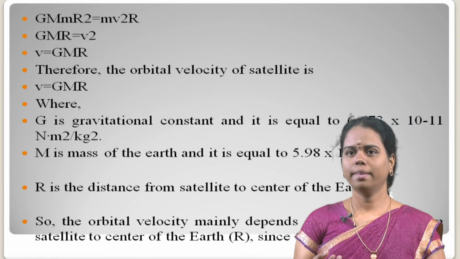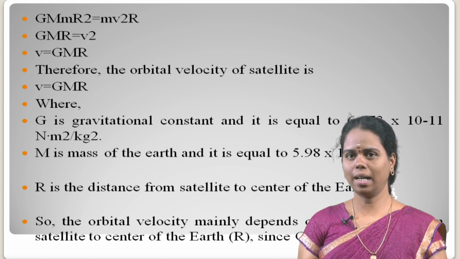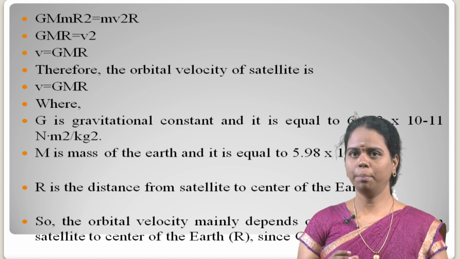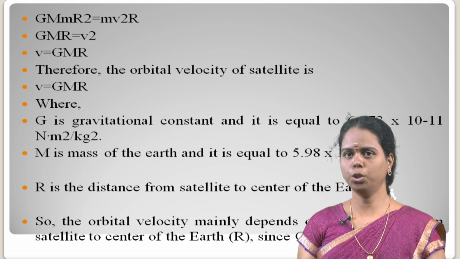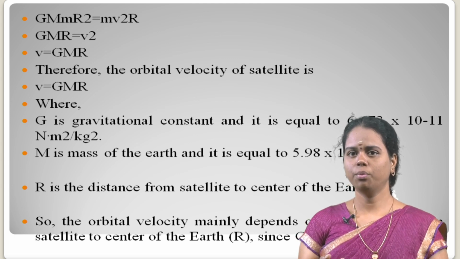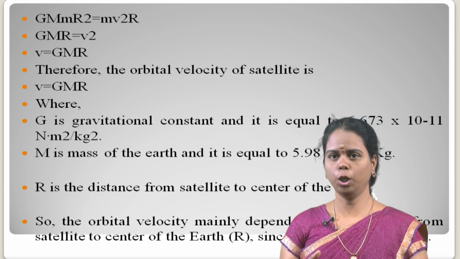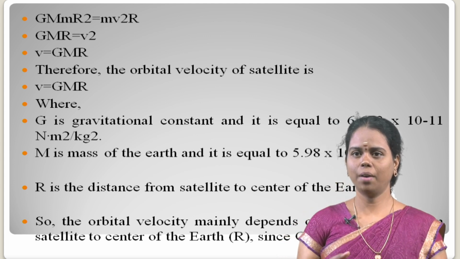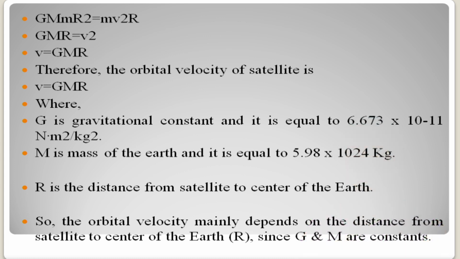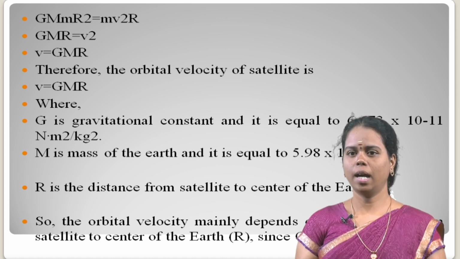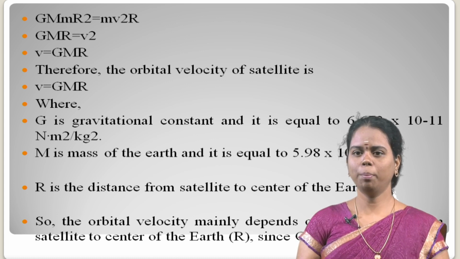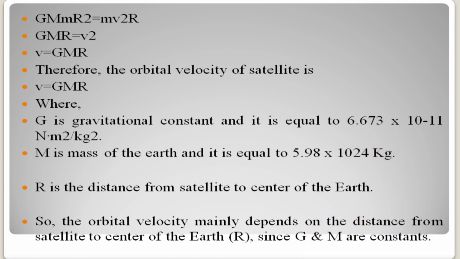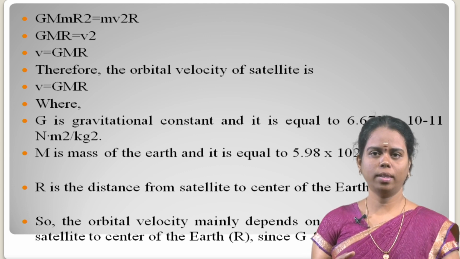The equation is, therefore, the orbital velocity of the satellite: GMm/r^2 is equal to mv^2/r, which is derived to v is equal to the square root of GM/r, where G is the gravitational constant, equal to 6.673 x 10^-11, M is the mass and r is the distance. So the orbital velocity mainly depends on the distance from the satellite to the Earth's center, denoted r, since G and M are constants.